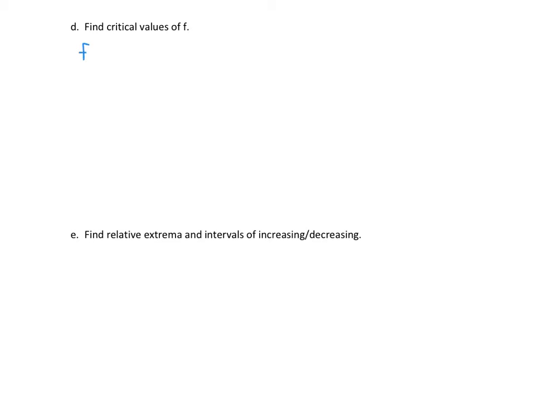So we want to set f prime of x equal to 0, and doing so we have negative 1 over (x plus 2) squared, and we're setting that equal to 0. Well, since the numerator is a constant, the first derivative is never equal to 0, so there's no solution to this equation here. So there's no critical values created by the derivative being equal to 0.